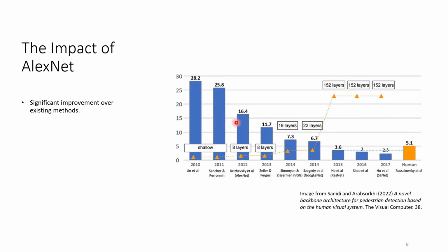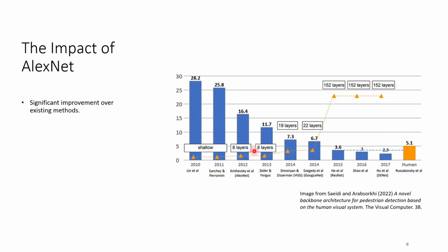And this is the number of layers used in the neural network. So AlexNet only has 8 layers, but the result is very, very great. And from AlexNet, neural networks again attract a lot of researchers' attention.